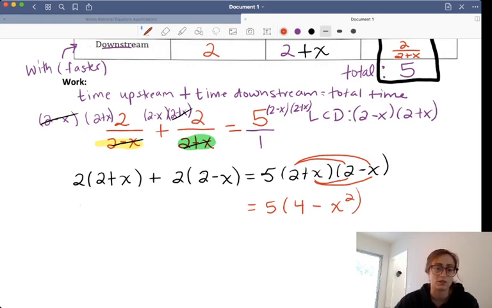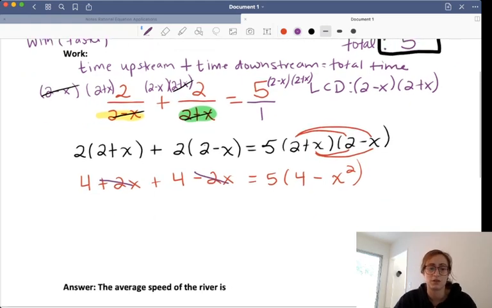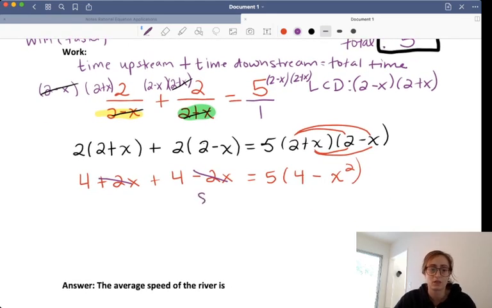This is going to be 4 plus 2x, and this is going to be 4 minus 2x. On this side, these are going to cancel, so I'm left with 8. On this side, I'm going to have 20 minus 5x squared.